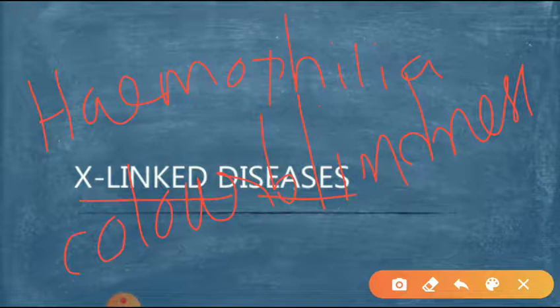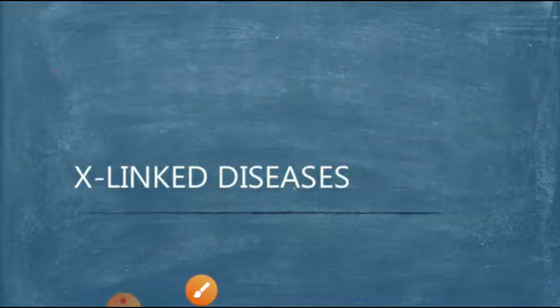What are they? X-linked dominant diseases and X-linked recessive diseases. We have to learn only X-linked recessive diseases. They are hemophilia and color blindness. We can learn more about these diseases.